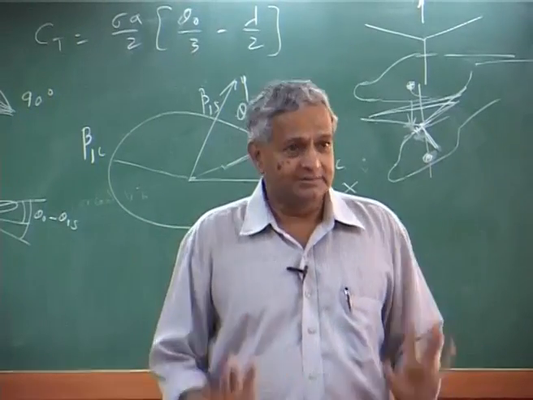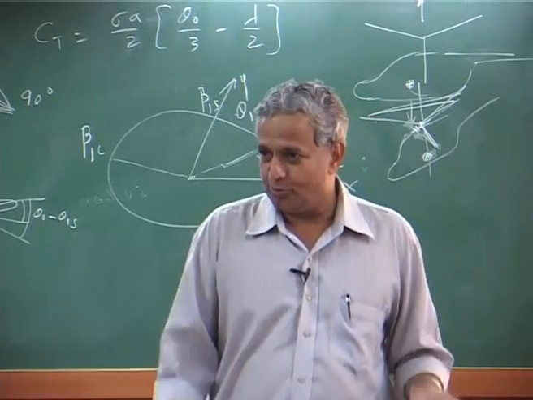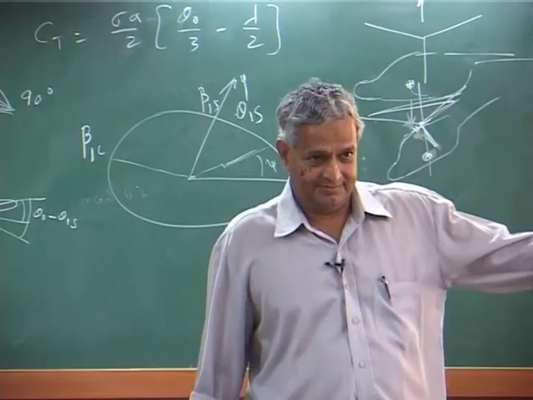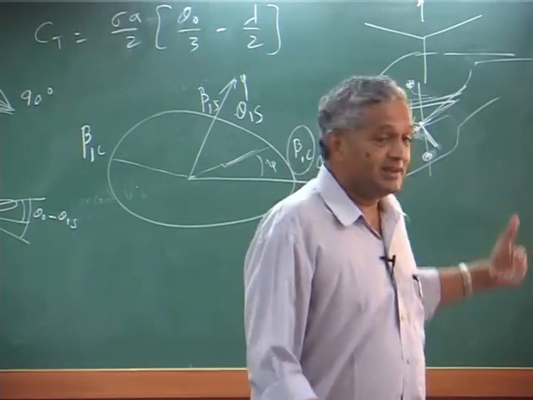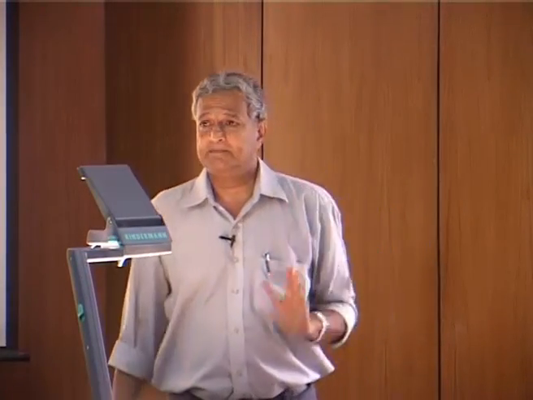Actual helicopters do not have 1, so the phase will change. And is it the same in forward flight? Will the phase shift remain constant in forward flight? No, it will not, it will change slightly.